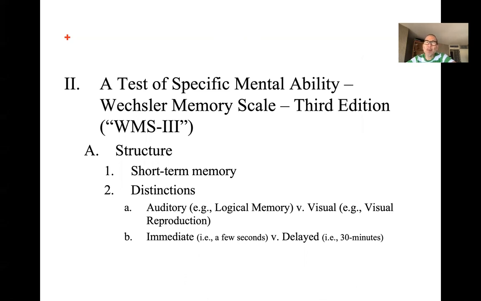As mentioned before, it measures two types of memory: immediate memory, that's a memory for something experienced a few seconds prior, as well as delayed memory, being able to remember something that was experienced about 30 minutes prior.